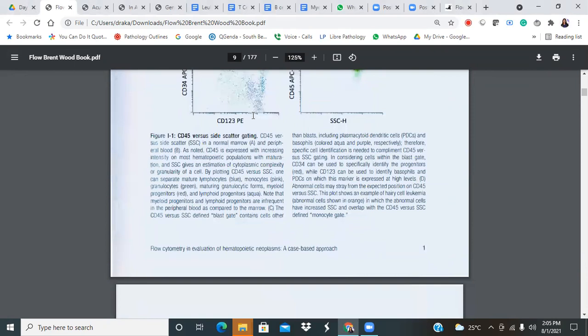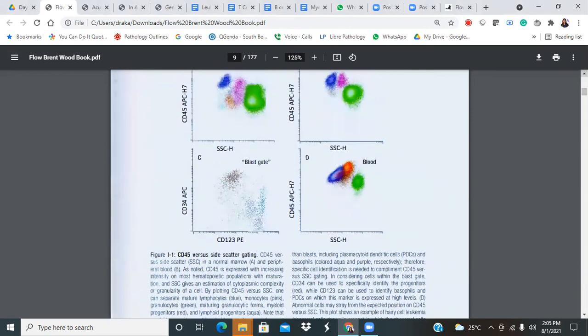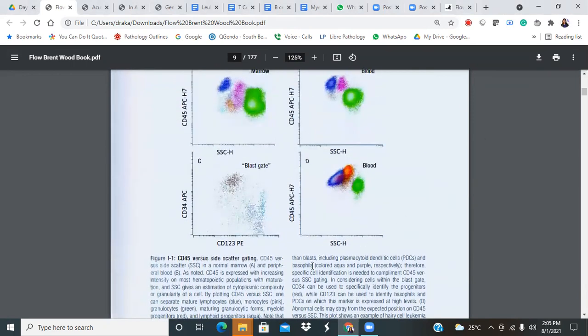And then in C, they are saying the CD45 versus side scatter defined blast gate contains cells other than blasts. That is important. They have cells other than blasts, including plasmacytoid dendritic cells and basophils, the PDCs and basophils colored aqua and purple respectively.